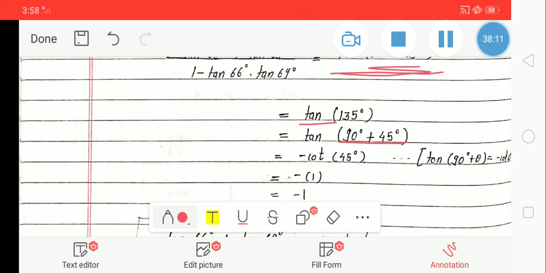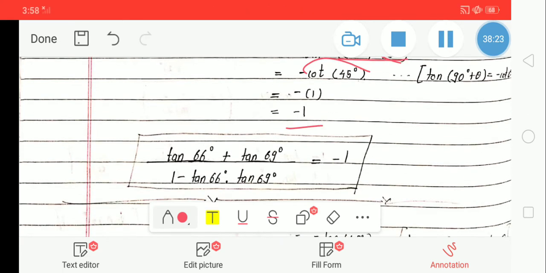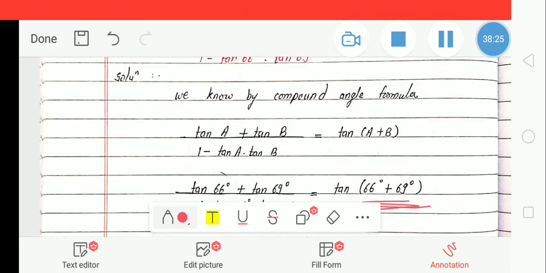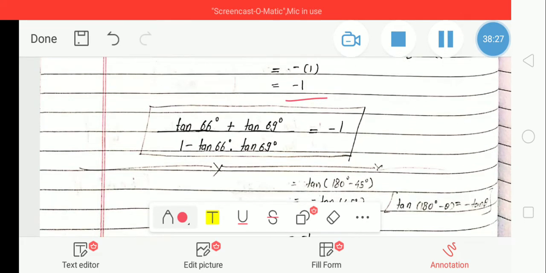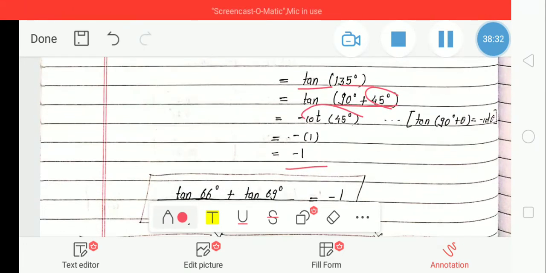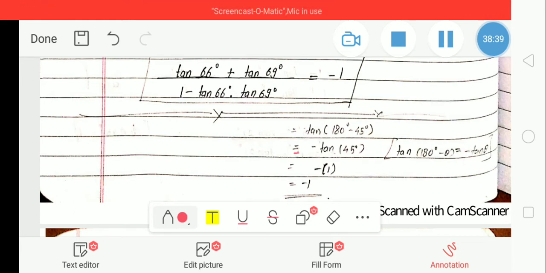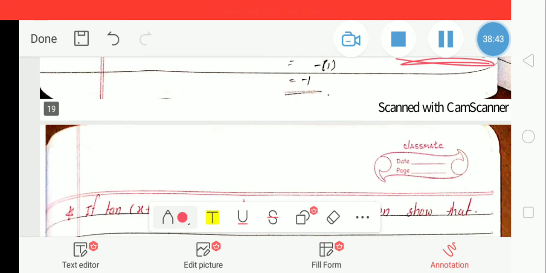Then tan of 90 plus theta is equal to minus cot theta, and here theta is 45, so minus cot 45, and cot 45 is 1. So the value is minus 1. We can also evaluate this 135 as tan of 180 minus 45. Tan of 45 is equal to 1, and using this formula, minus tan theta, so theta is 45, and the value is minus 1.